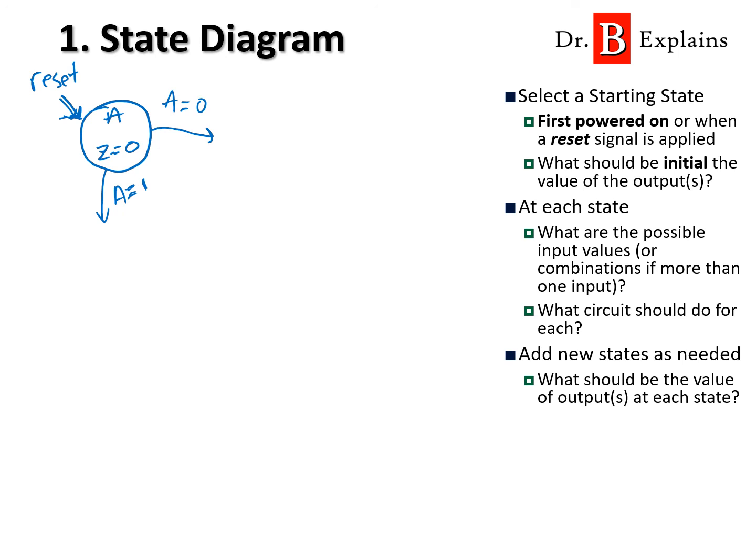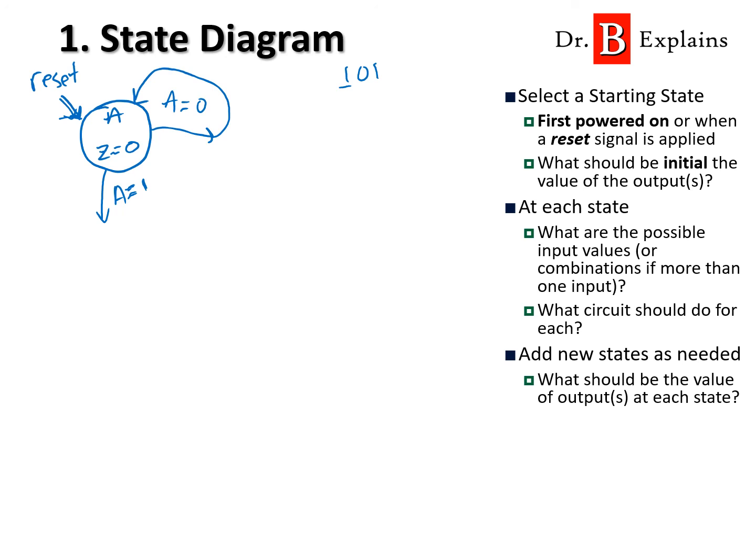In the case of A equal to 0, what's going to happen? Is my pattern starting, for example? No, right? My 101 pattern starts with what? Starts with a 1, right? So whenever I have a 0, it's like I haven't even started my pattern. It's like I'm going back to my reset, my initial state.